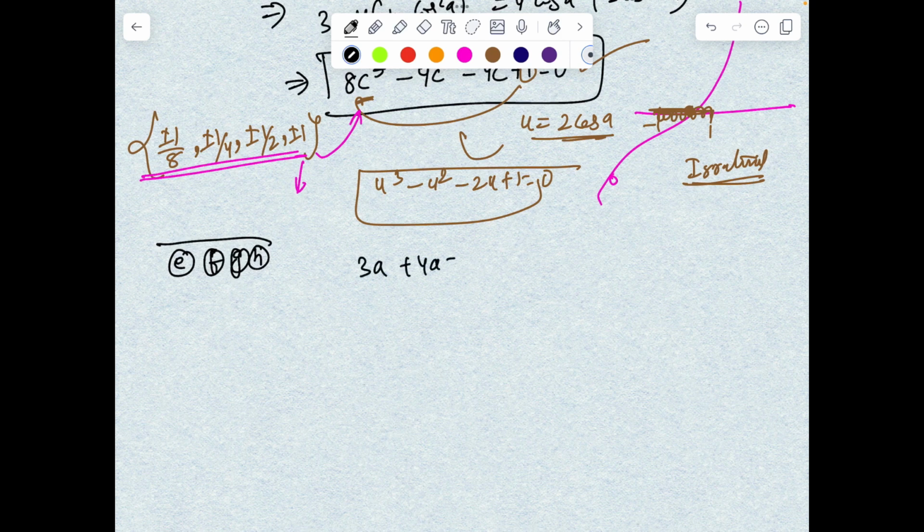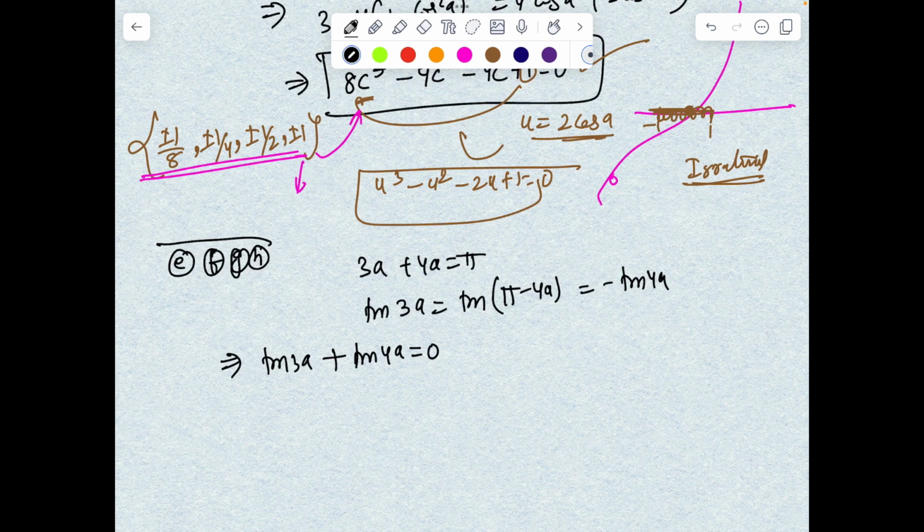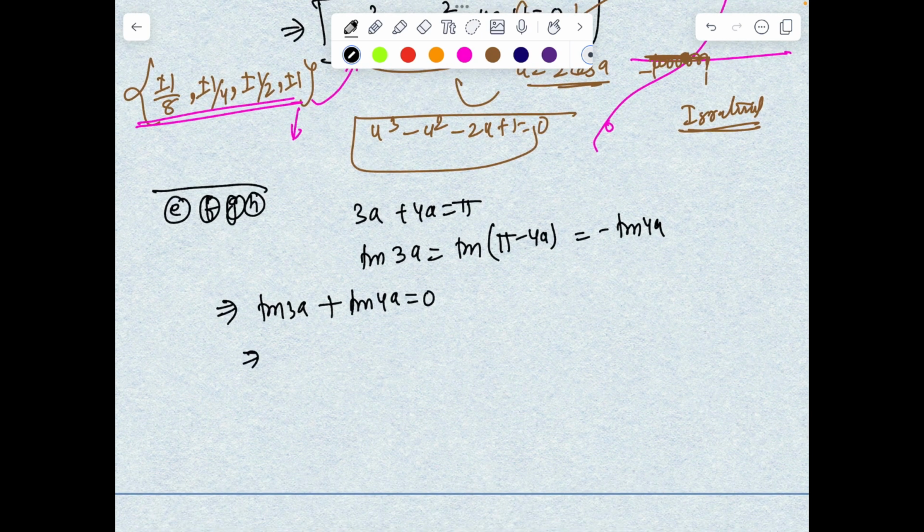So for this part again we will write 3a plus 4a is pi, but this time we'll use tan on both sides, so tan 3a is tan of pi minus 4a, which is minus tan 4a. So the equation that forms is tan 3a plus tan 4a equals 0, and now you can use the usual tan formula, right?